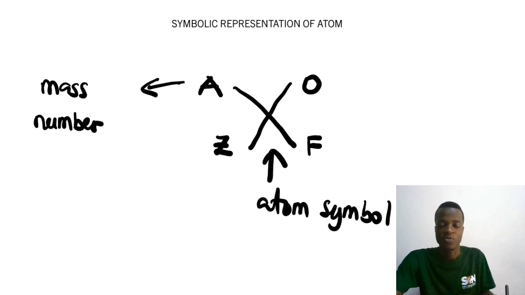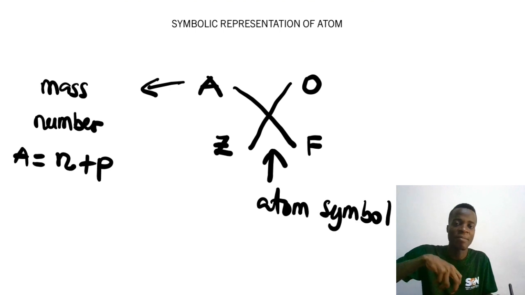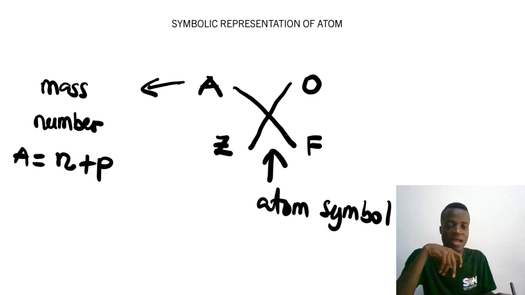We talk about neutrons, electrons, and protons. If n is the number of neutrons and p is the number of protons, then n plus p, everything that you find inside the nucleus, is what we call the mass number.